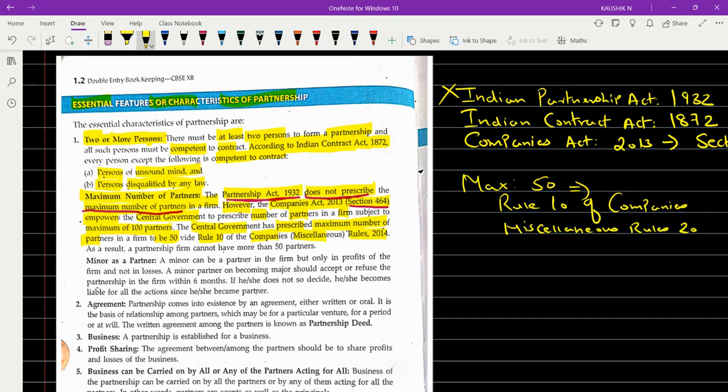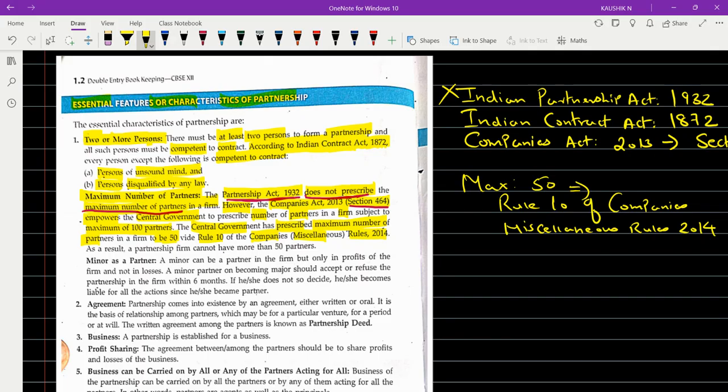2014. Can you differentiate between these acts and sections? The Indian Partnership Act 1932 governs your partnership business. The Indian Contract Act, formed in the year 1872, governs contracts and agreements.